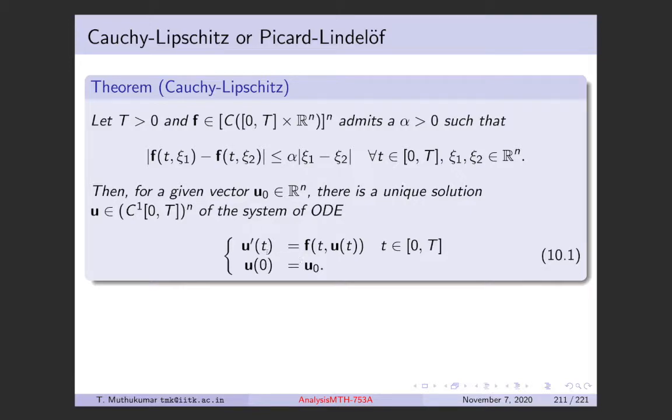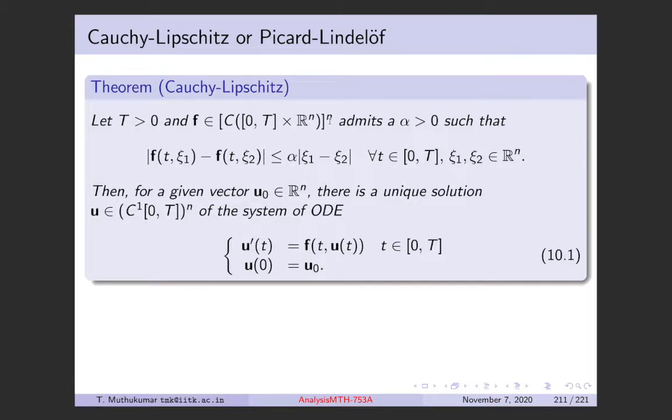So what is this theorem saying? That if there is a capital T and f, which is the data here for the ODE, and f is a continuous function in both the variables, that is, in the t variable and the second variable here. Because it's a system of n equations, you have power n here.